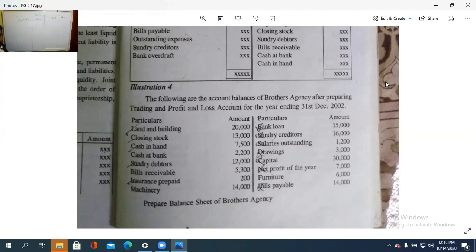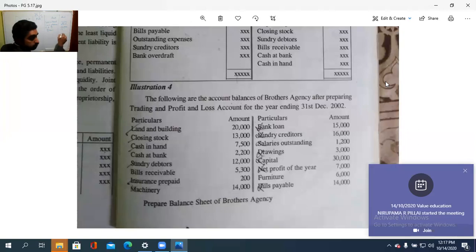So, firstly, what is there in the asset side? Cash in hand. Which way you can use this, either on the order of liquidity or the permanence, you can prepare. Cash in hand 7,500. Then what is that? Cash at bank 2,200. Then land and building, there is no depreciation, simply 20,000. Then debtors 12,000.